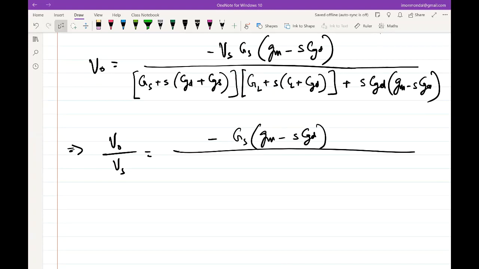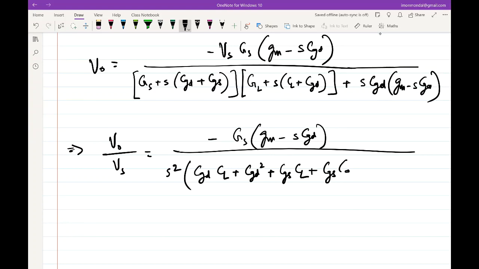So let's put the S squared terms together. We'll have CGD CL plus CGD squared plus CGS times CL plus CGS CGD. And I'll have another S squared term from here, so minus CGD squared.